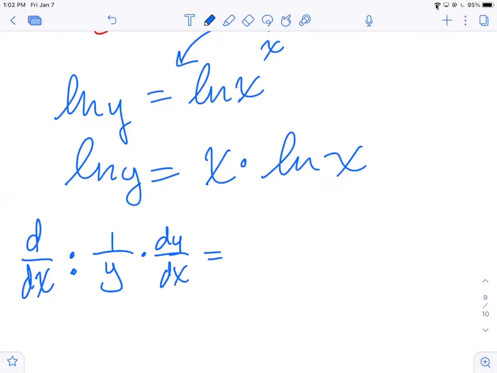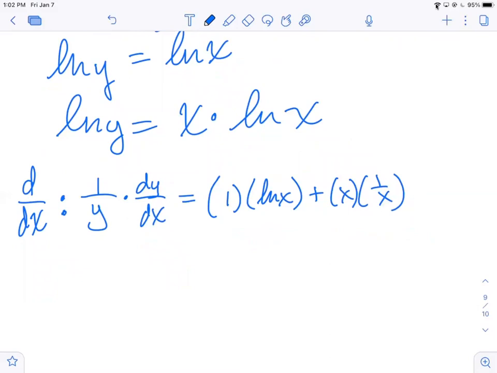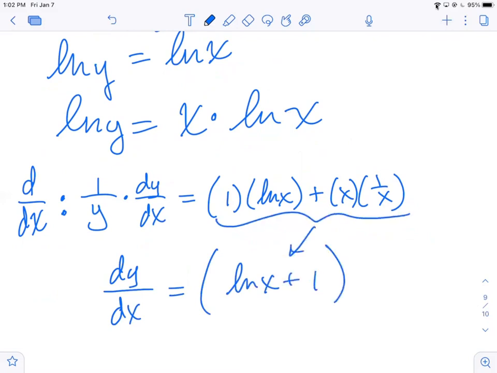And this side is a product rule. 1 times ln of x plus x times 1 over x. And then the last thing we need to do is solve for dy dx by multiplying both sides by y. And so we get natural log of x plus 1 if you simplify this, and then times y. But remember, y was originally x to the x.